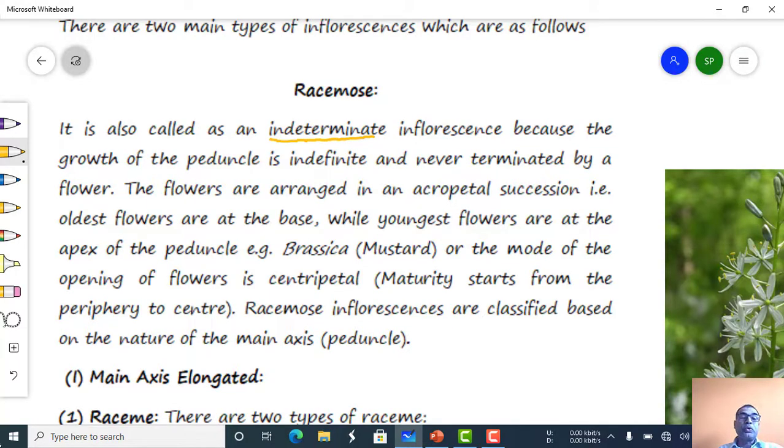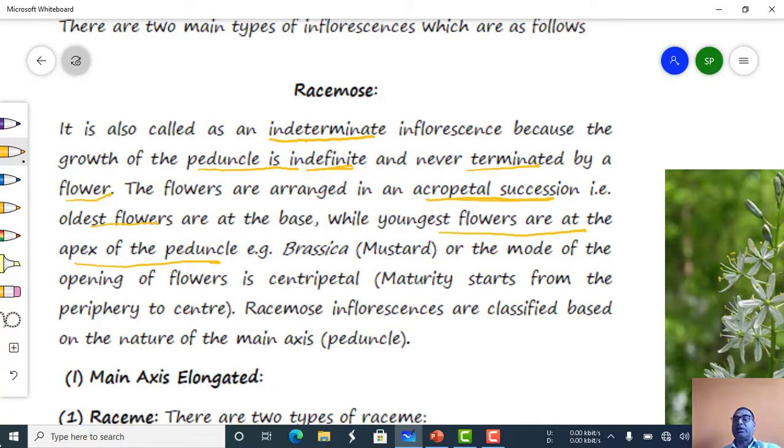Because the growth of the peduncle is indefinite and never terminated by a flower. Next, the flowers are arranged in an acropetal succession. What is acropetal succession? The oldest flowers are present at the base, while the youngest flowers are present at the apex of the peduncle.